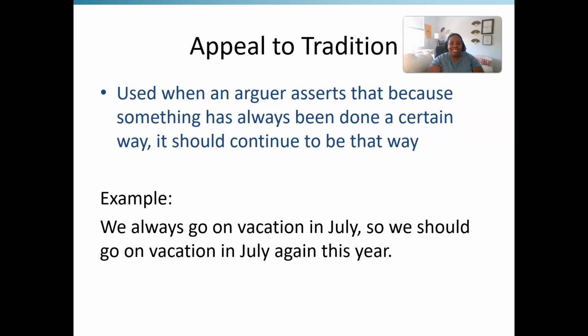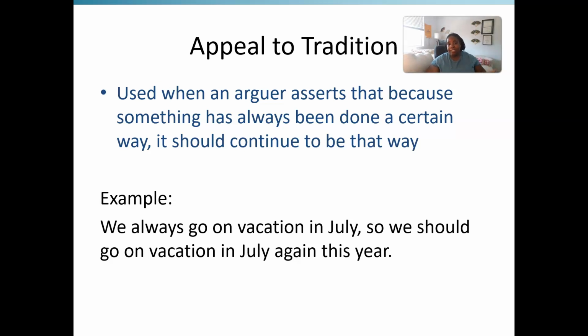Next, we have appeal to tradition. Traditions are wonderful. I love traditions, and I love doing things the old-fashioned way as well. But just because we have always done something, that doesn't mean it should continue to be done. Appeal to tradition is used when the argument asserts that because something's always been done a certain way, it should continue to be done this way.